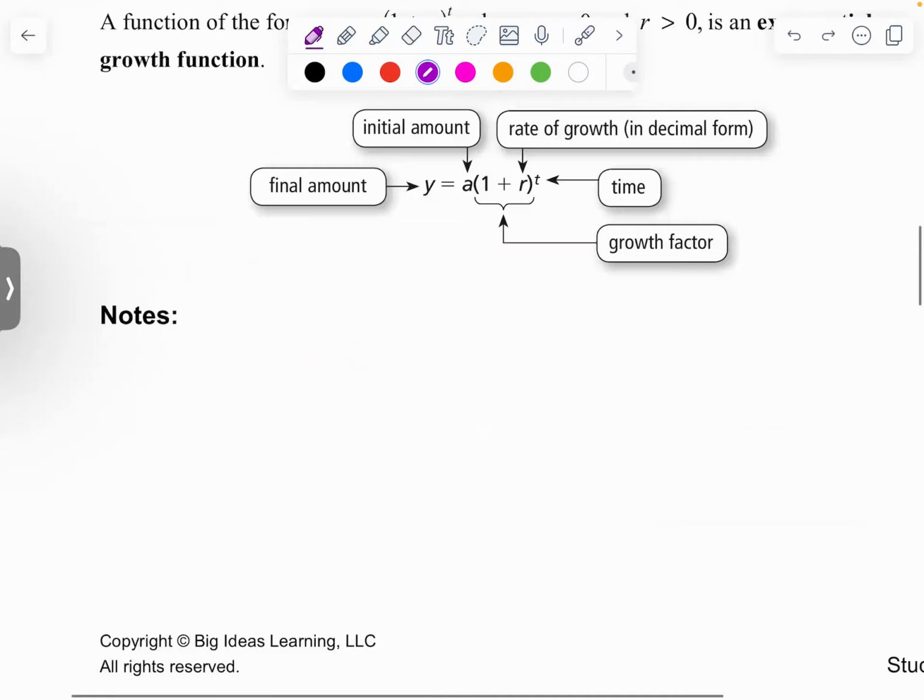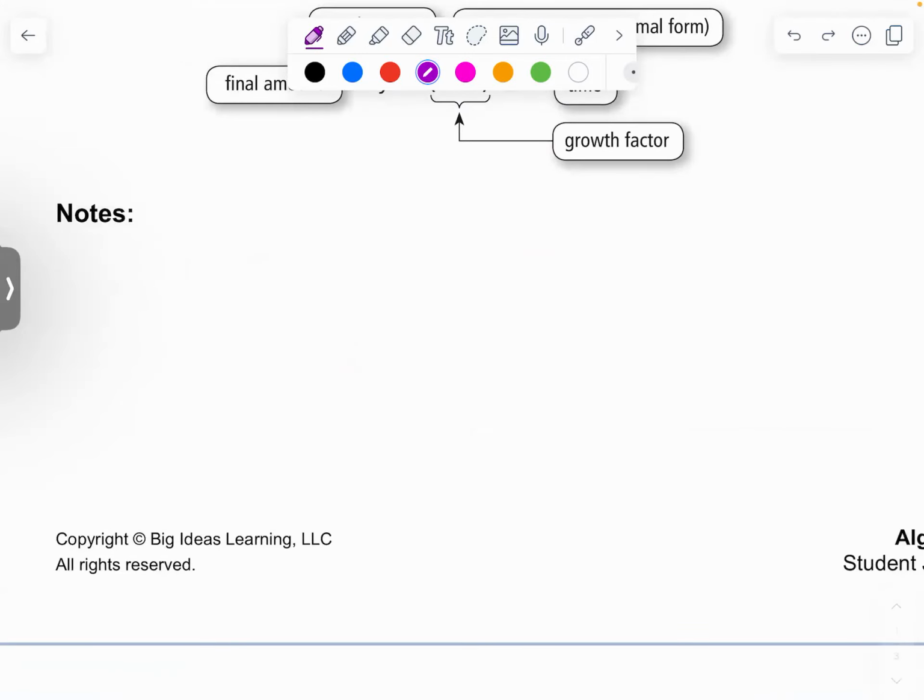Okay. All right. So we're going to do a couple examples. LVMS has 750 students. That's a rough estimate.